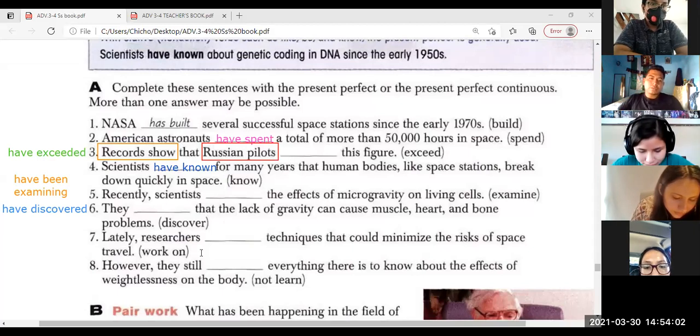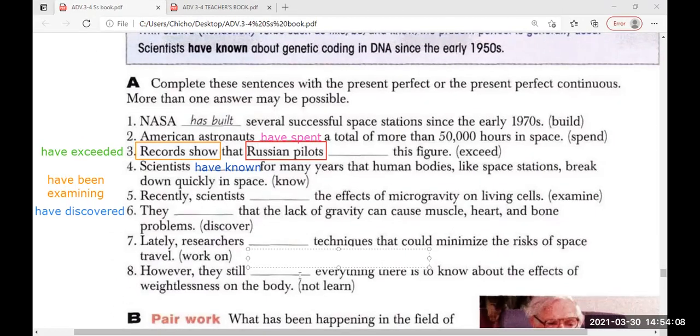What do you think? Have been working on. Why do you think it's have been working? Because it's an activity that continues into the present. Yes, very good. Have been working on techniques that could minimize the risk of space travel.